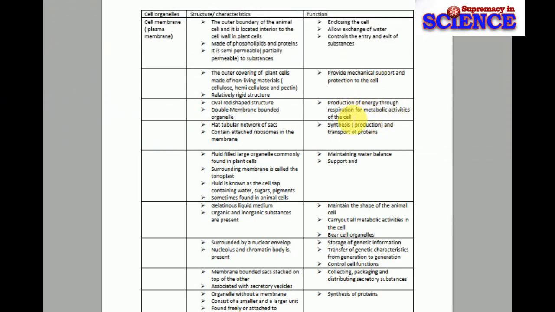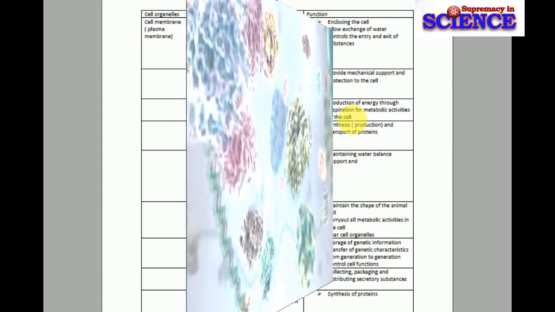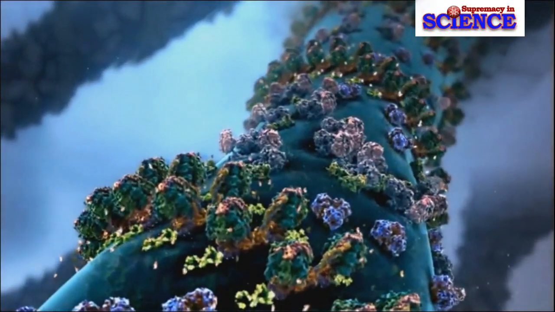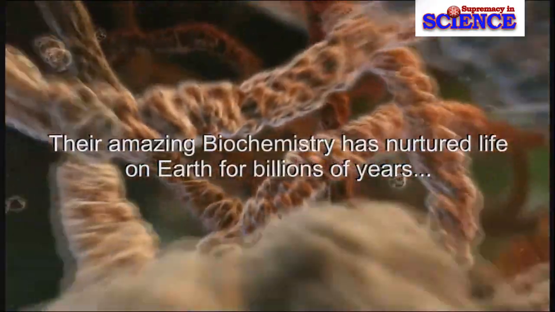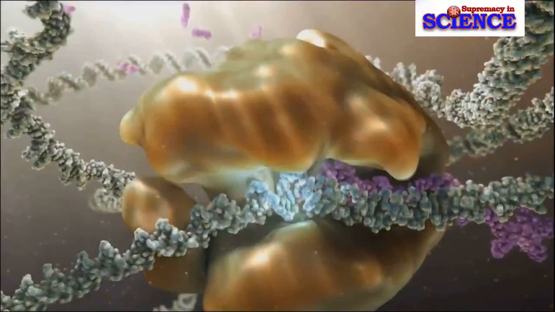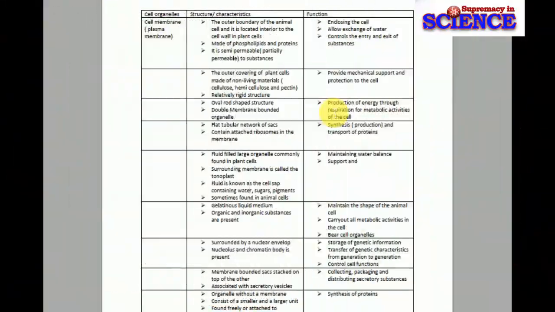In that they are saying the metabolic activities. What do you mean by that? Metabolic activities means biochemical reactions that happen inside the living cell. So for these metabolic activities, the mitochondria provides energy by respiration. You will learn in the future what respiration is and what you mean by that.